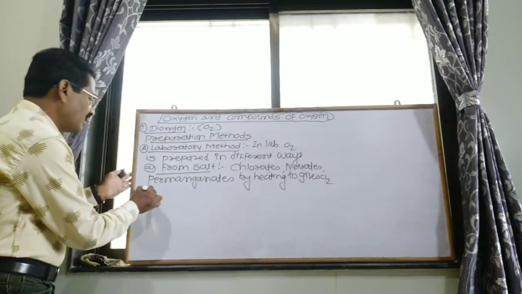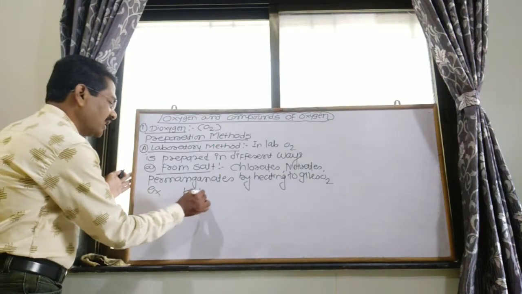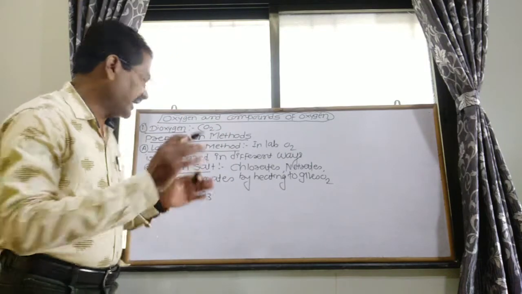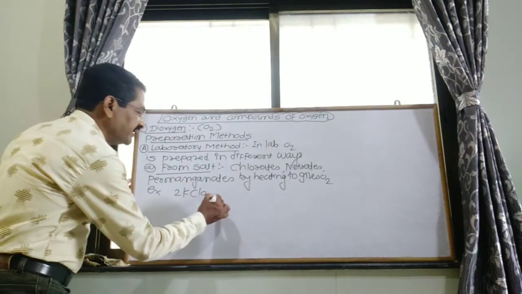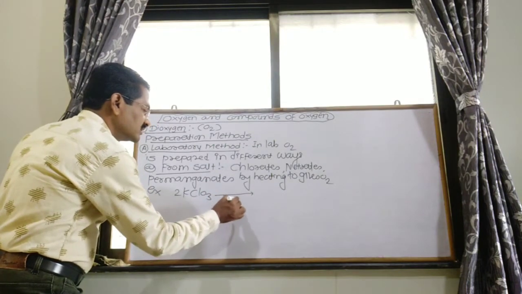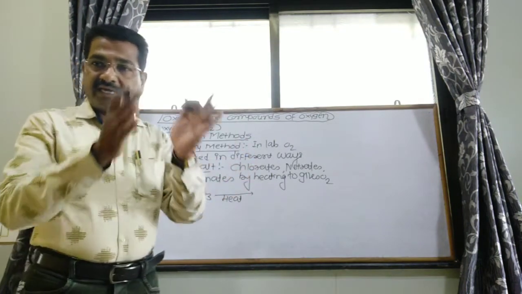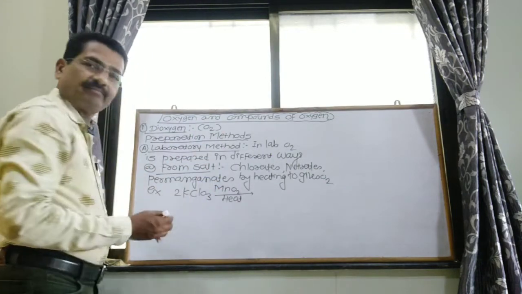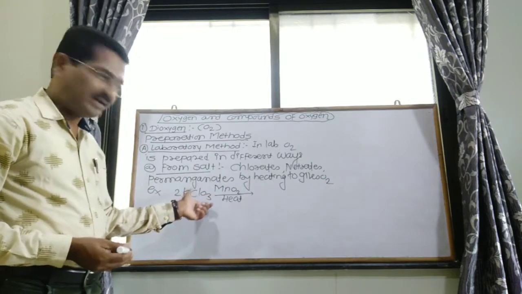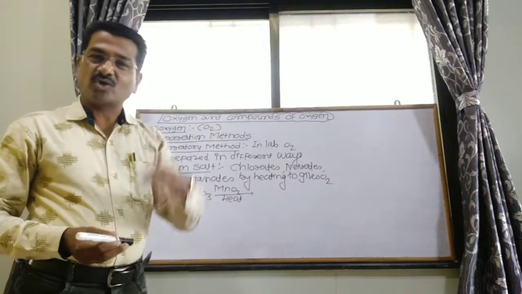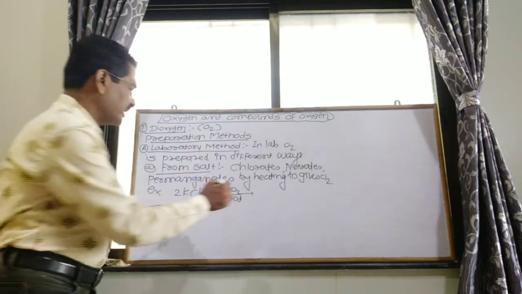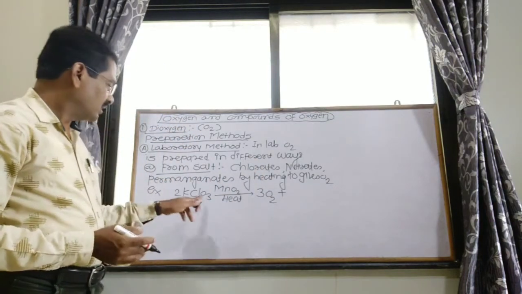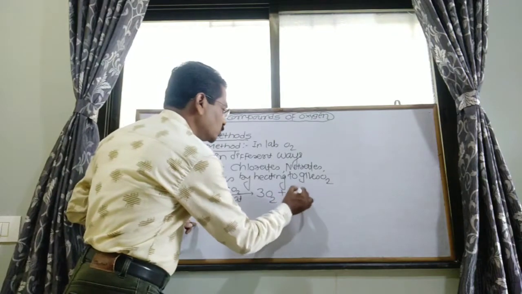For example, KClO3. This is potassium chlorate. Whenever this KClO3 is heated in presence of manganese dioxide, MnO2, it gives 3O2, that is dioxygen, and the remaining byproduct is 2KCl.